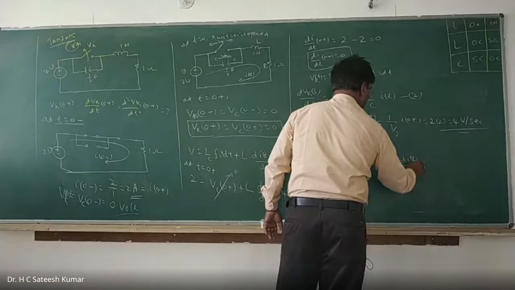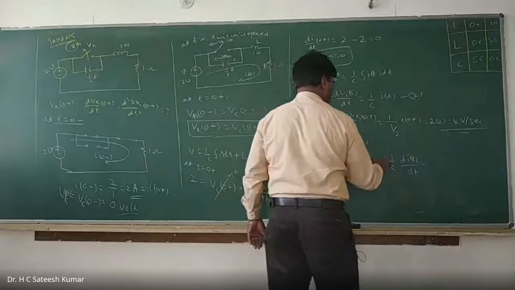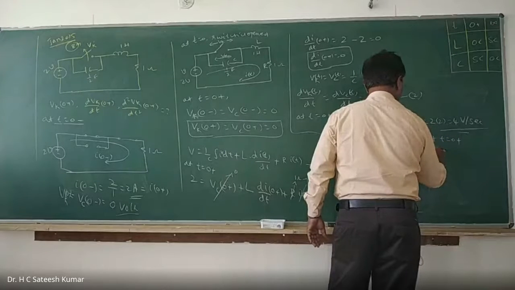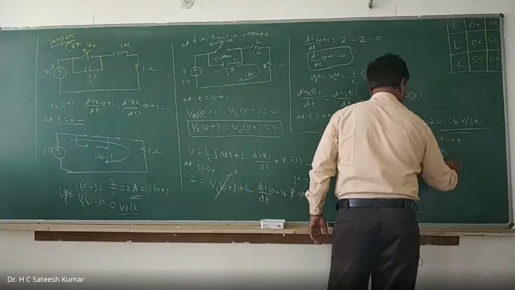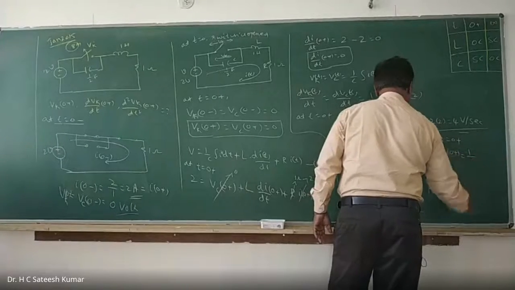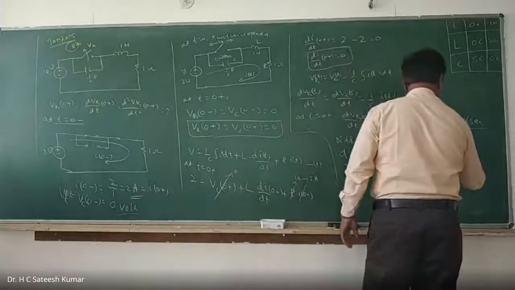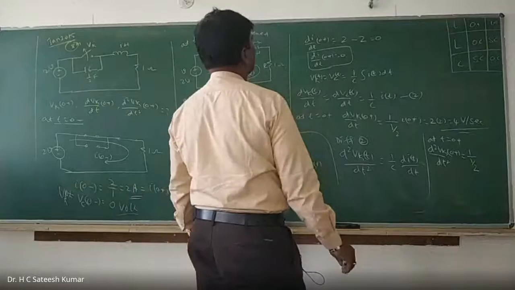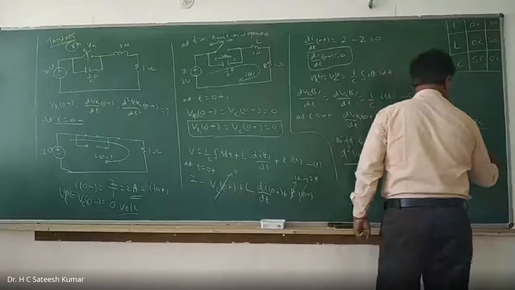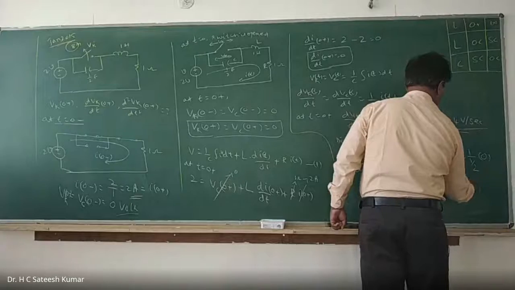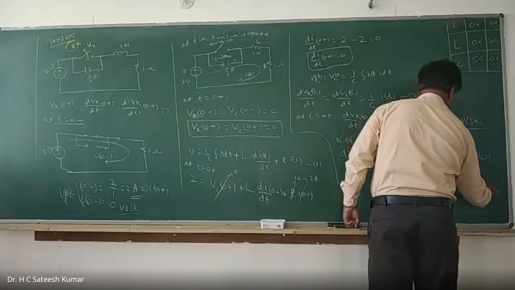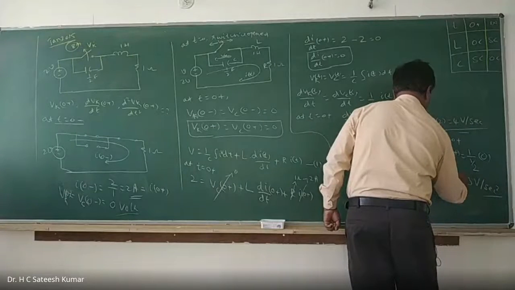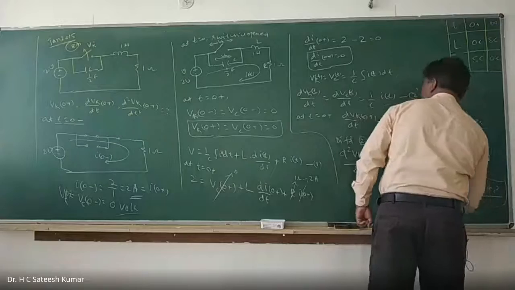At t is equal to 0 plus, d squared Vk divided by dt square 0 plus is equal to 1 by 2 into di of t divided by dt 0 plus. Di of t divided by dt 0 plus is 0, so this is equal to 0 volts per second square. So this is one answer we want.